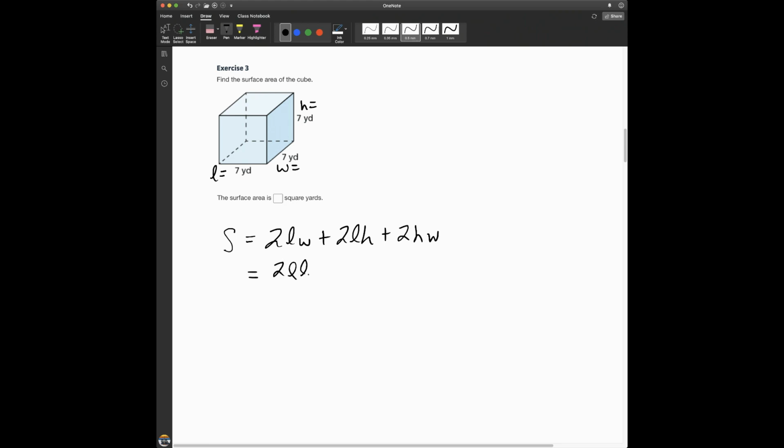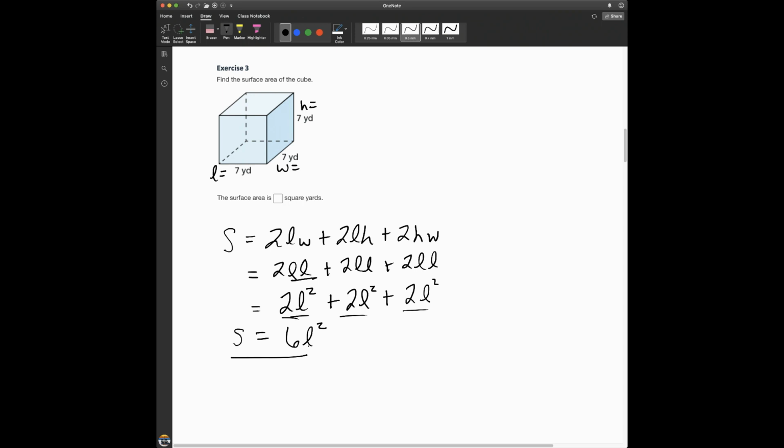I'll just use the length. 2 times the length times the length plus 2 times the length times the length plus 2 times the length times the length. Well, the length times the length is just the length squared. So this is going to turn into a formula that we can use to find the surface area of the cube, because these are all like terms.